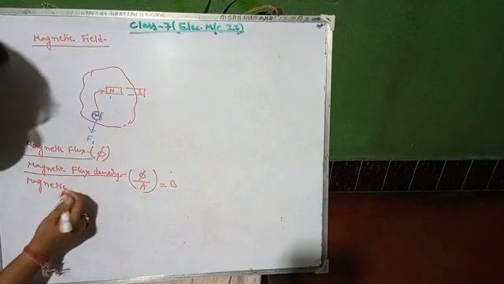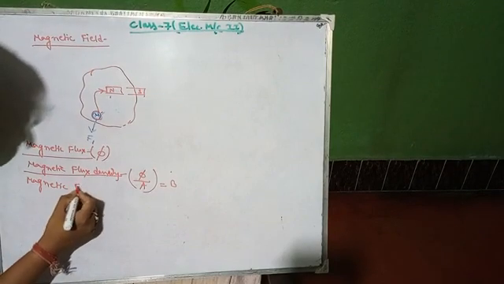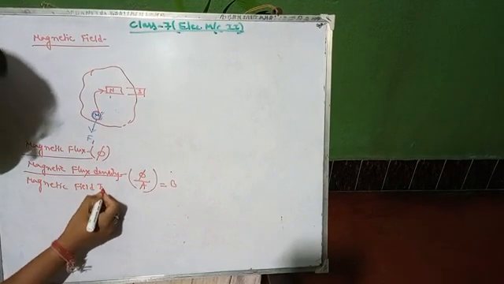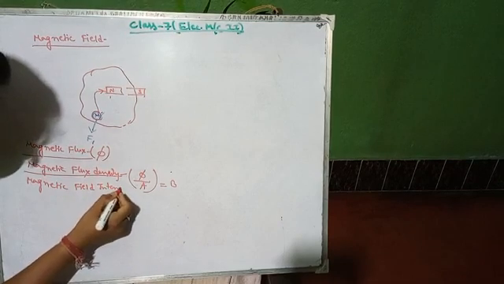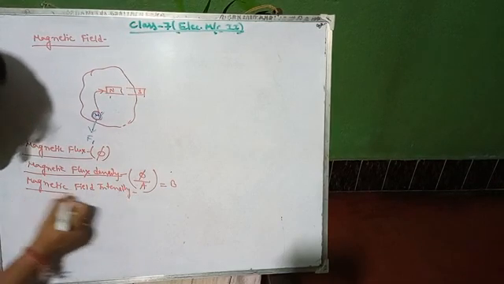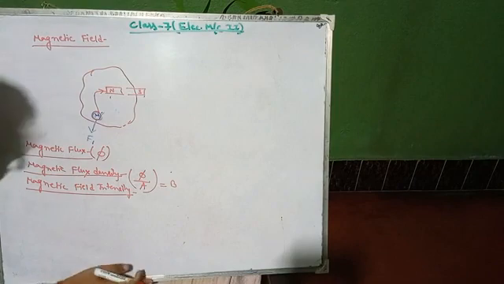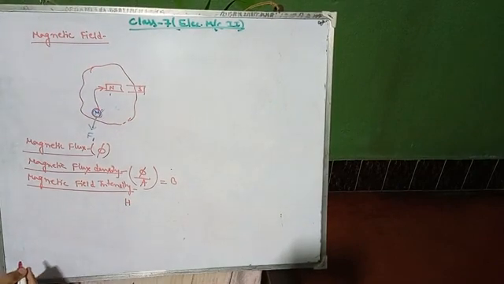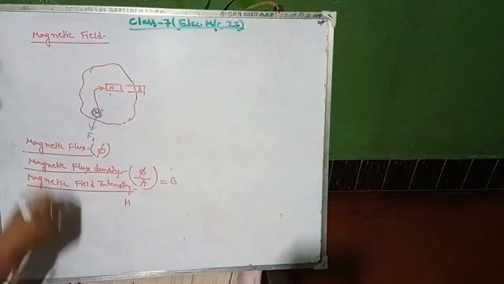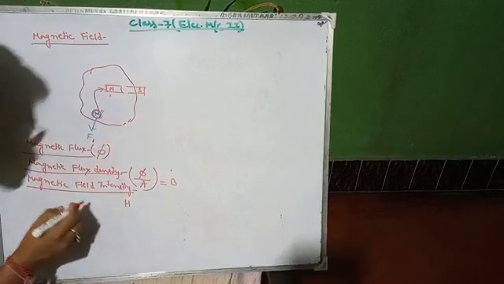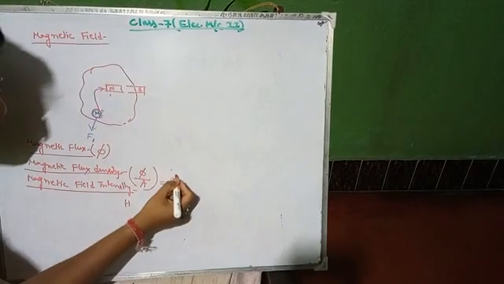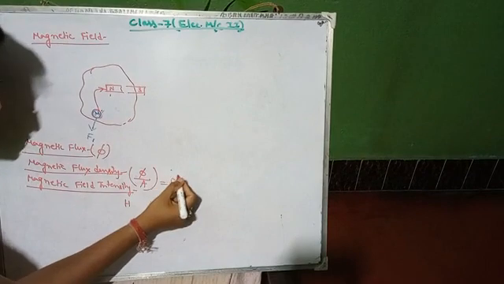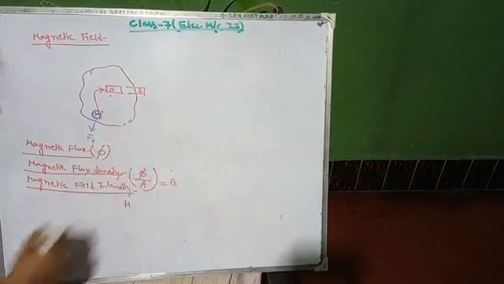Next topic, magnetic field intensity. What is magnetic field intensity? It is denoted by H. Here we are only taking the magnitude, so we will not put any vector sign over any parameters.